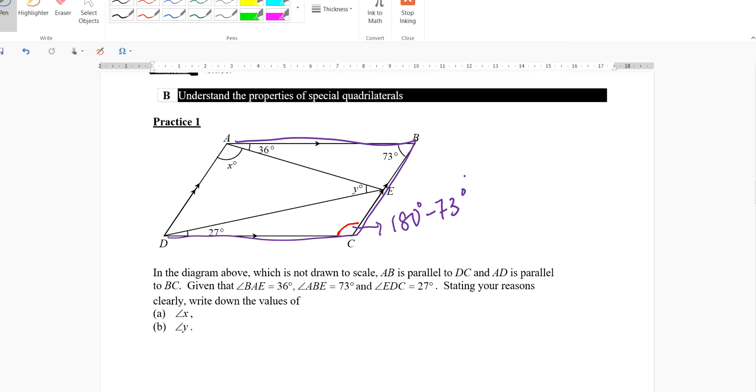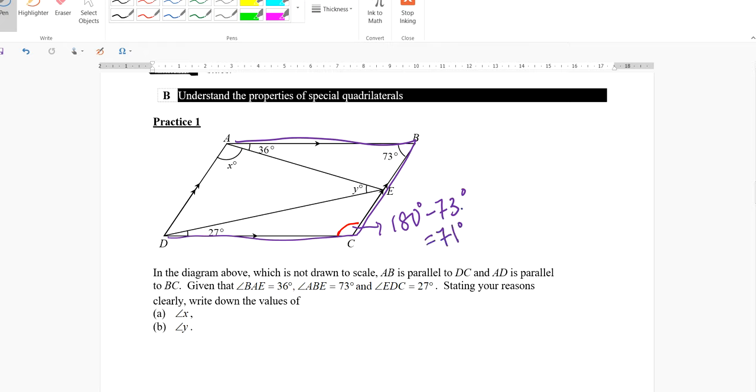Now, once you have done that, your job is to find my x. What should I do now? How do I carry on from here? So this is your 71.